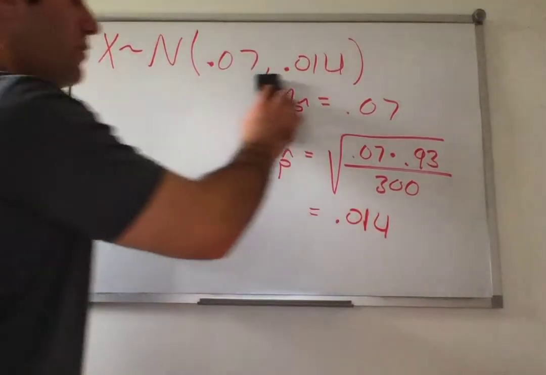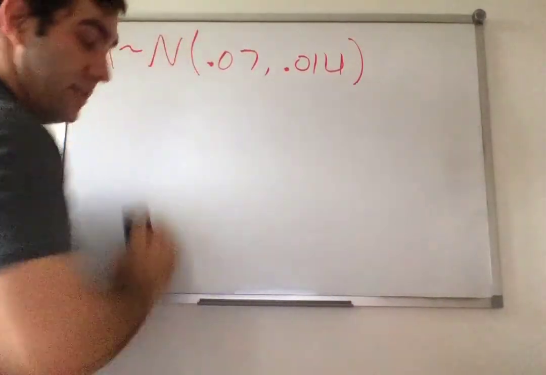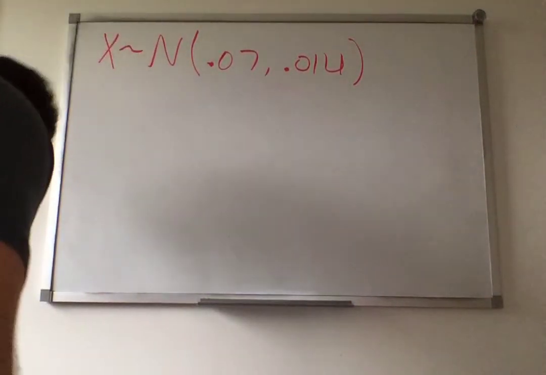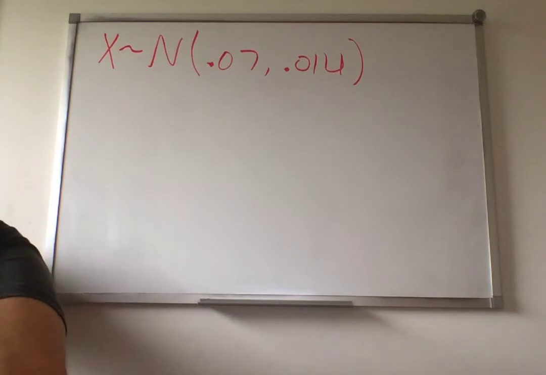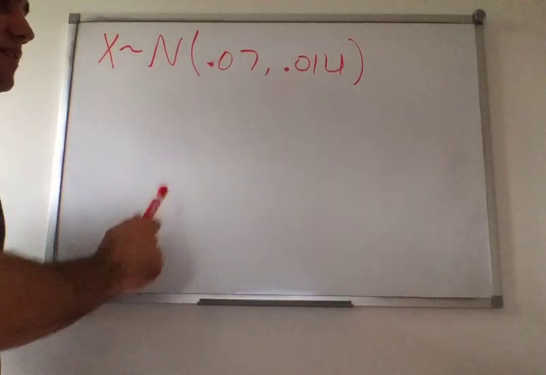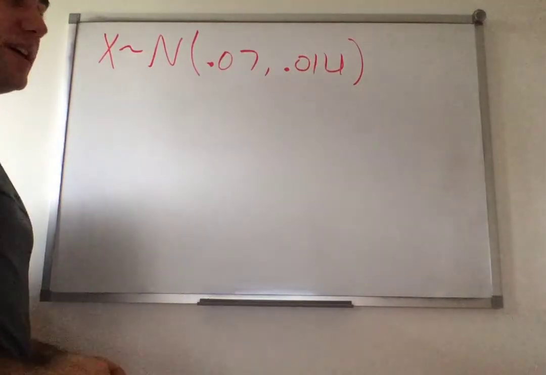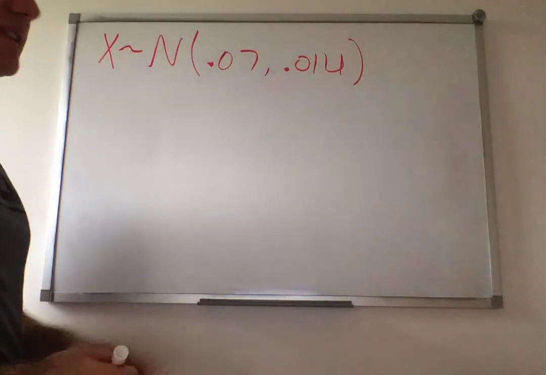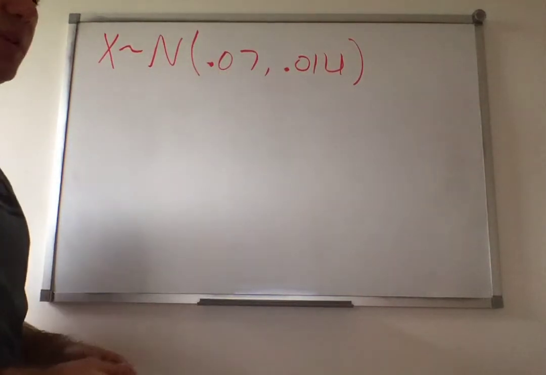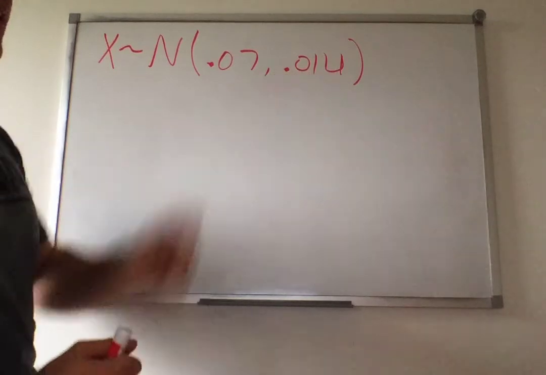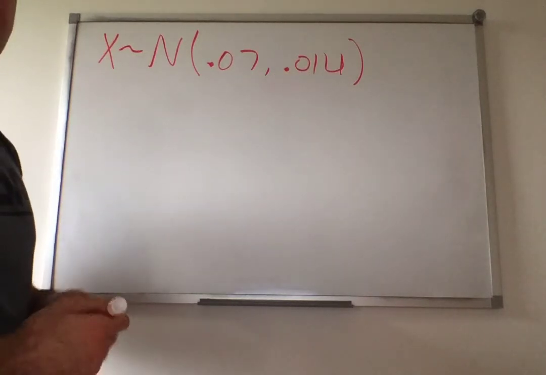Okay, so that's all the information we need. Again, this is very much like the previous problem we did. All we had to do was find our mean and find our standard deviation. The mean should always be the same as whatever the population is, and the only thing you really have to change is the standard deviation.